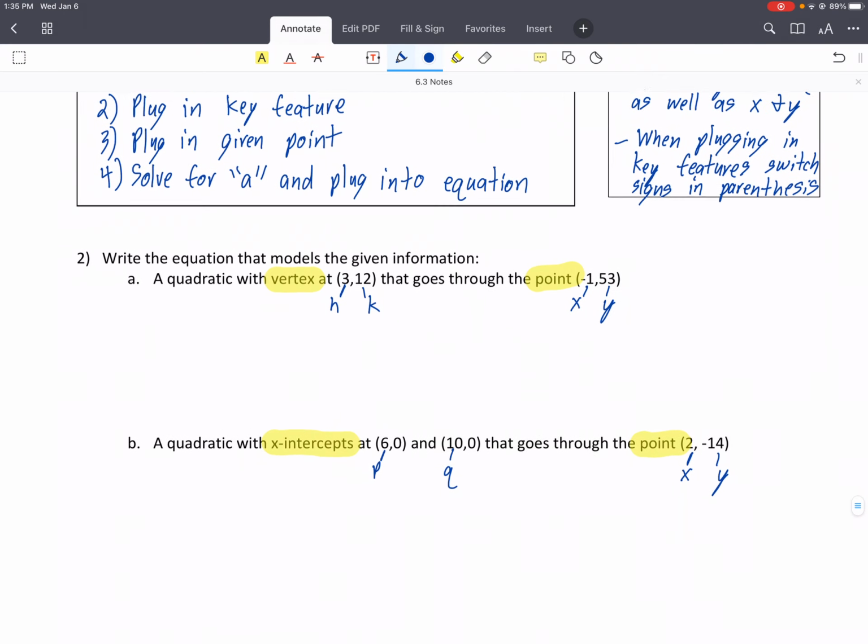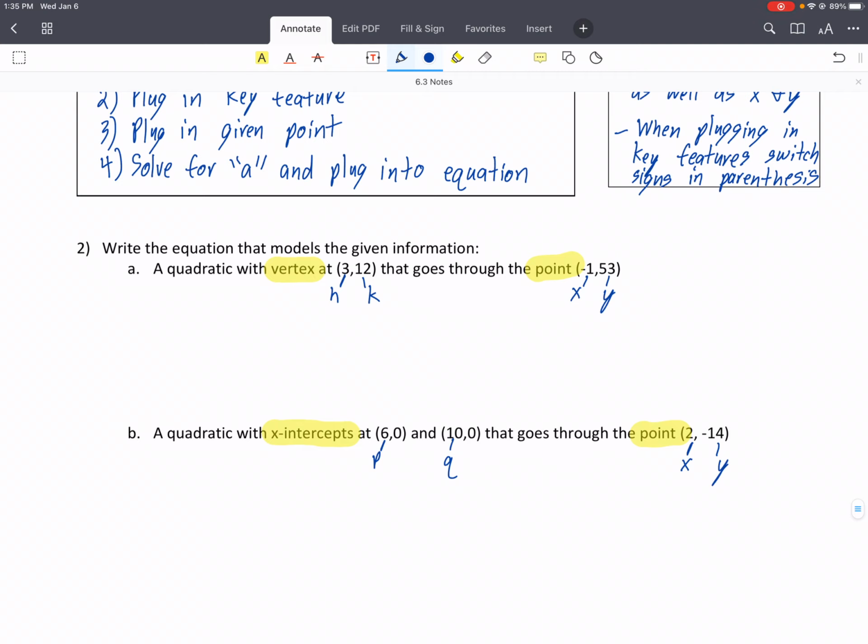For this one here, guys, I just want to give you the answers. That way you can do them on your own and check. So this, you'll get y is equal to 41 over 16 times x minus 3 squared plus 12.